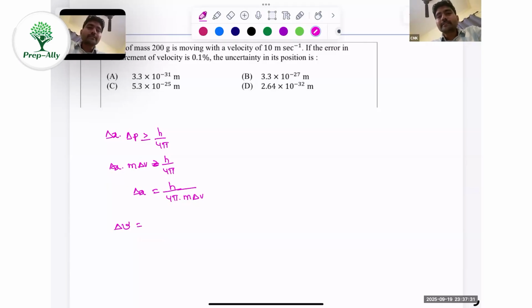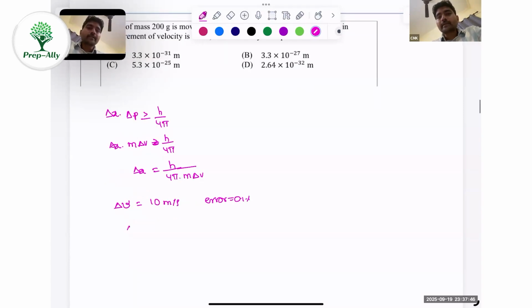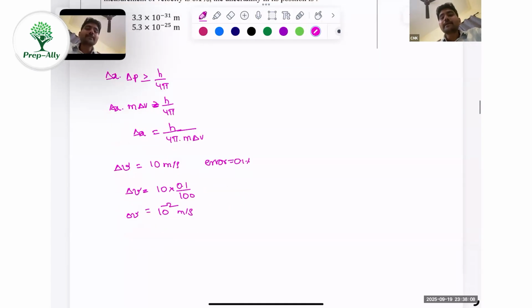The velocity is 10 meter per second and the error is 0.1%. Considering this error, delta v is 10 into 0.1 by 100, so the value should be 10 to the power of minus 2 meter per second.